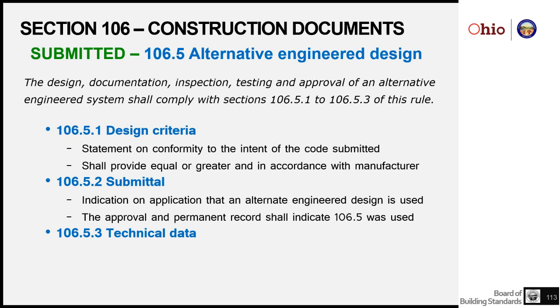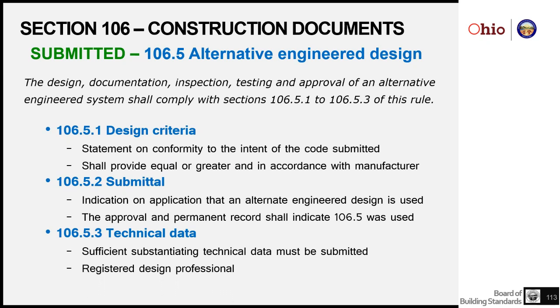The submittal has to indicate that it is using alternative engineered design. It also needs to be incorporated on the approval and permanent record that 106.5 was used. Sufficient substantial technical data must be submitted by the registered design professional, and their seal laws will probably generate a seal on this.